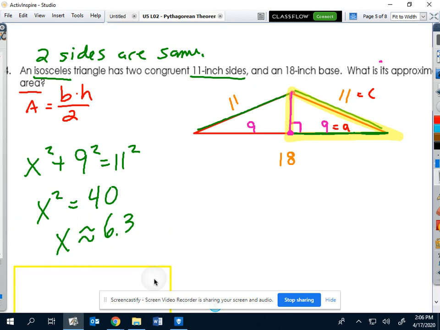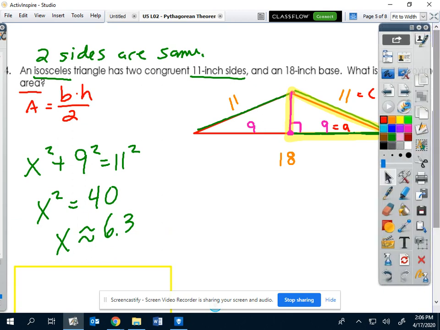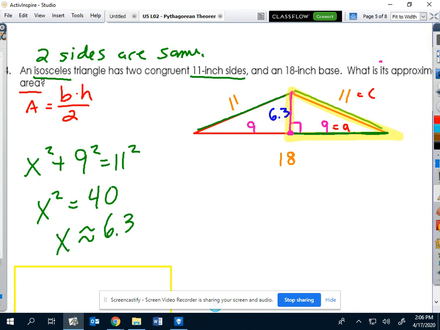And so now the height of our triangle is approximately 6.3 inches. And I guarantee if you're taking any type of test, 6.3 might be one of your answer choices, but it's not our answer. Because again, don't forget, at the very beginning it said we are trying to find the area.